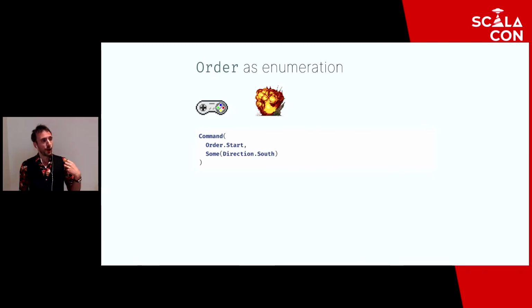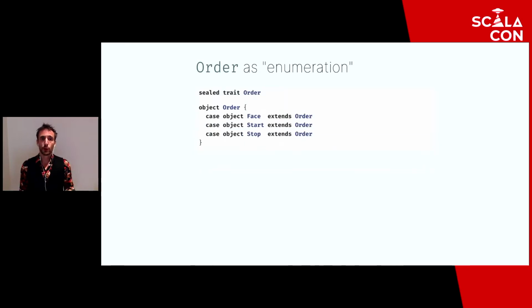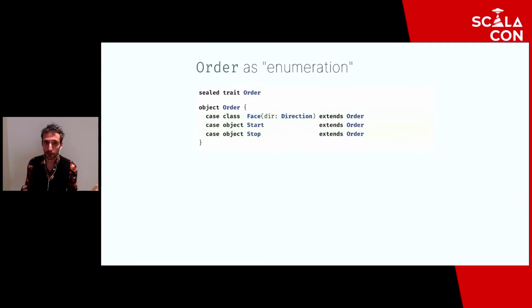So since only face takes a direction, we could rework order to reflect that information. Face takes direction, but none of the others. In this way, we have exactly what we wanted, don't we? Because face takes direction, nobody else does. It is so much exactly what we wanted that what we have here is not order anymore.